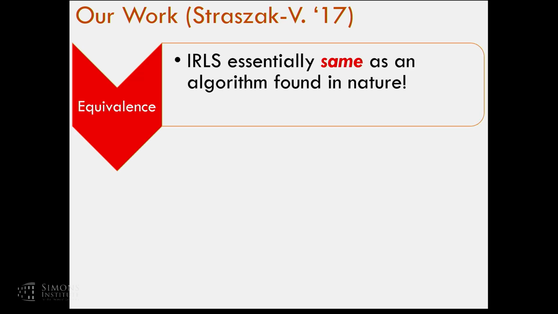Okay, so what do we prove? We prove two things. The first, which I find quite interesting, is that this algorithm, which is quite popular, turns out to be essentially identical to an algorithm that we found in nature.